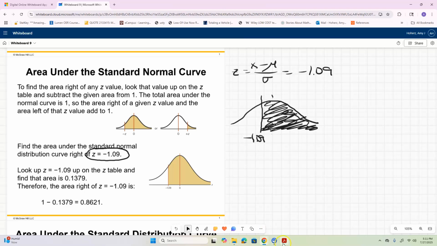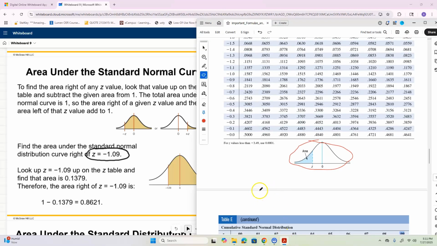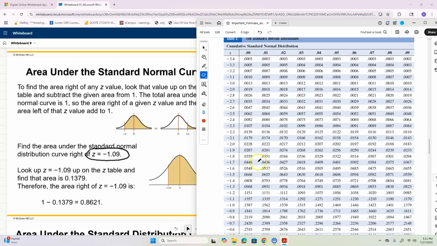So if we go to our chart, we're still going to look up negative 1.09. So we're going to be on the negative side of the scale, or of the page. And here's negative 1.0. Okay. So that's our value that we're going to use for our row. And then 9 again.